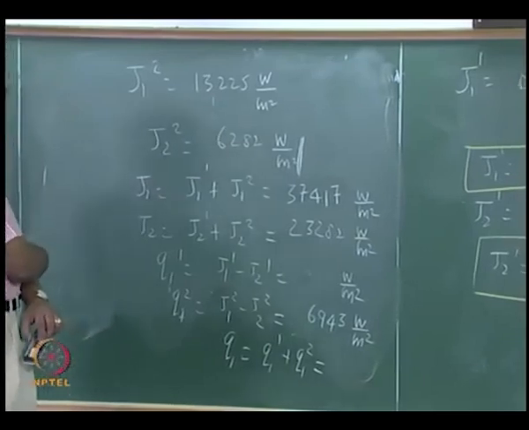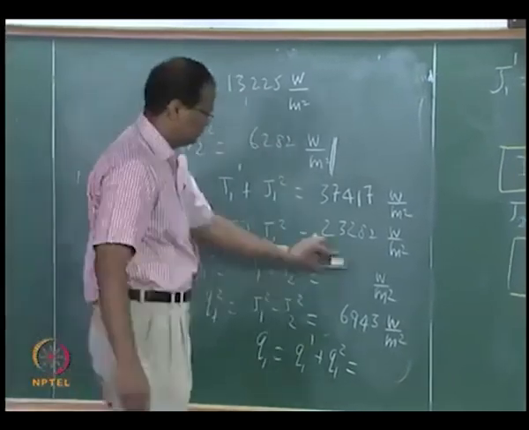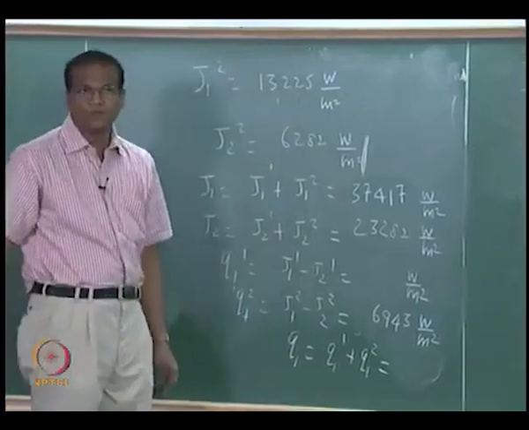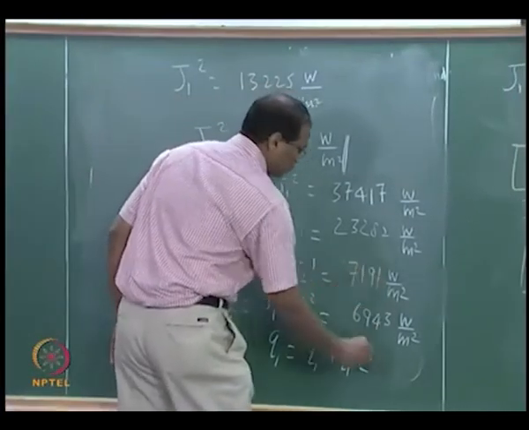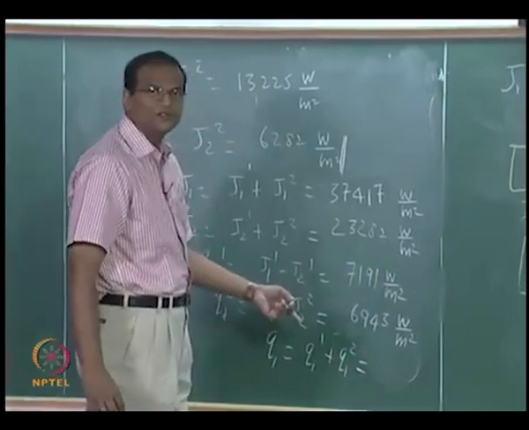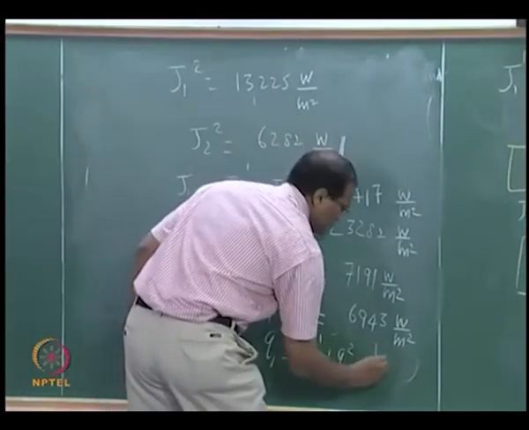Yeah, then Q1, 7191. The total is now 15,000. How much is it? 14,000.